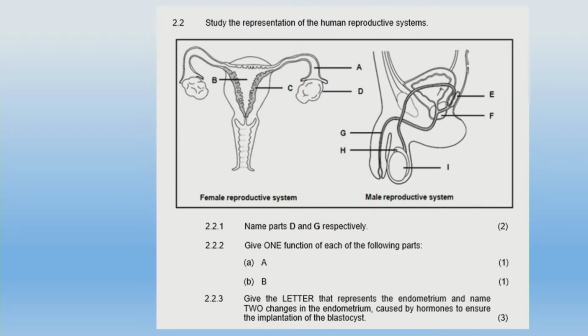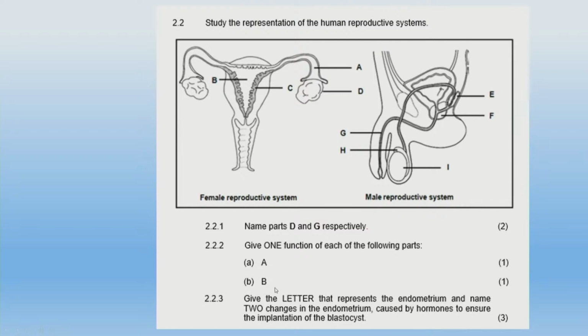Fallopian tubes transport the immature ovum as well as the developing zygote in the direction of the uterus. So that is label number A, which is the fallopian tube.